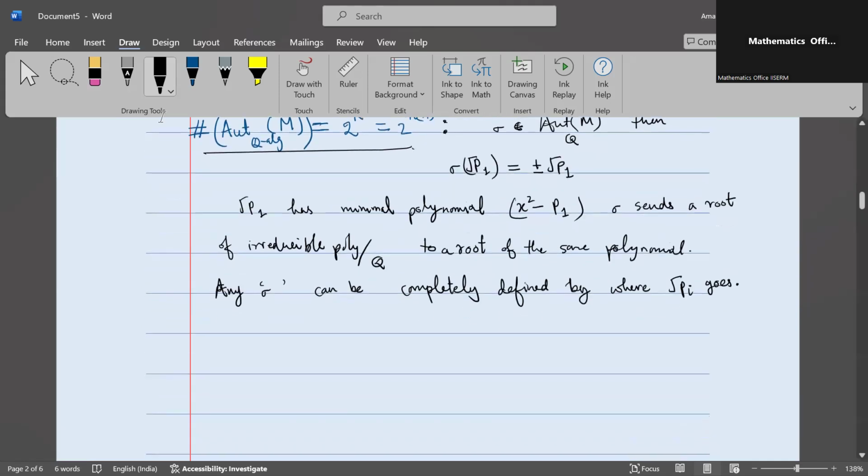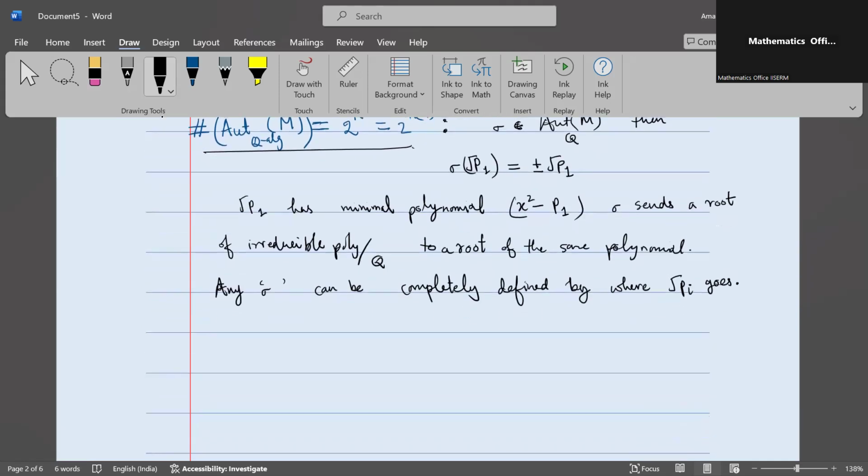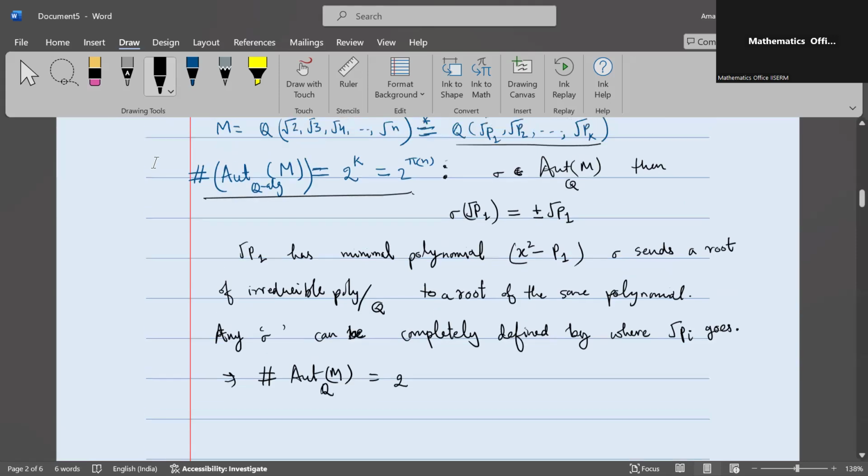Good. Sigma is such. Now, how many root Pi's are there? And each of the root Pi's has two choices. So by the counting method, the cardinality of Aut of M over Q is 2 to the power k.